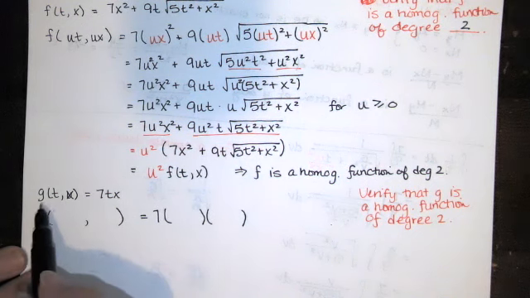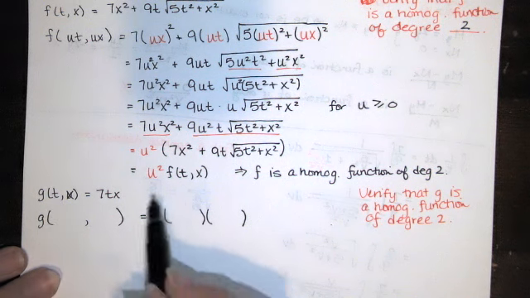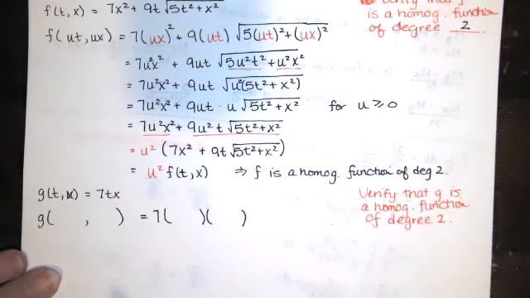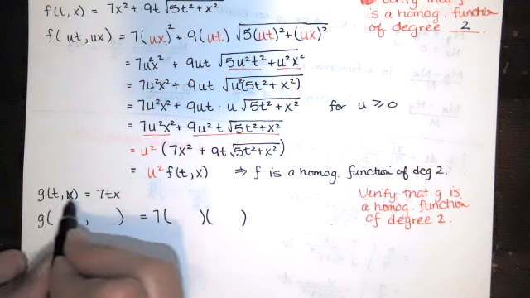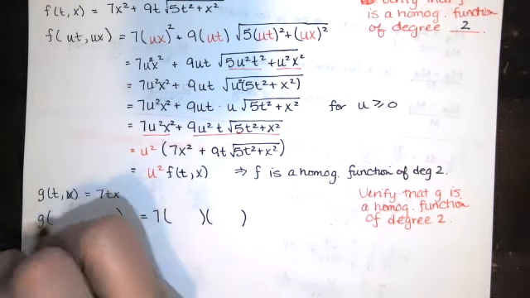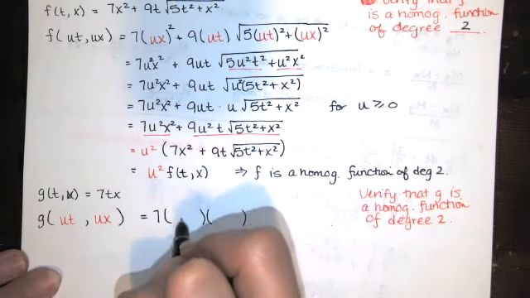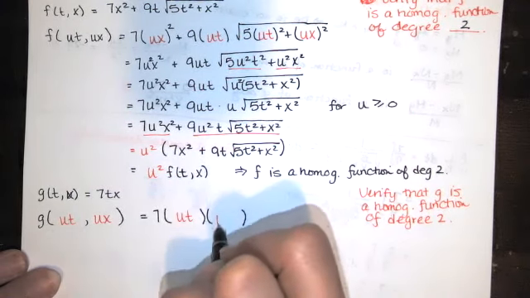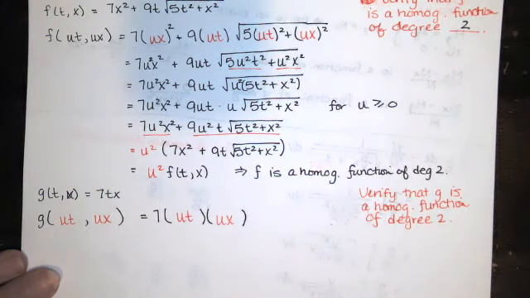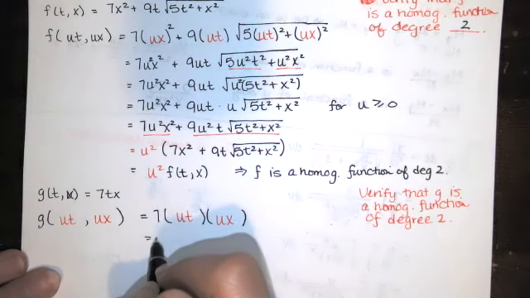In order to verify that this is a homogeneous function of degree 2, so that we have a homogeneous polar differential equation, I will replace each variable with that variable times u. So t gets replaced with ut and x gets replaced with ux. And you can factor out a u squared.